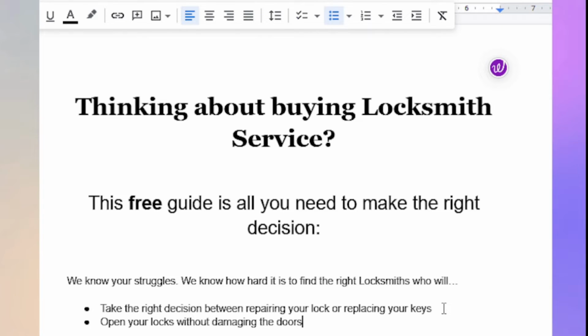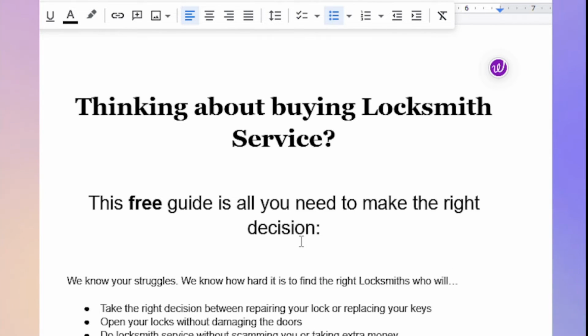Open your locks without damaging the doors. Do locksmith service without scamming you or taking extra money. Do locksmith service without scamming you or taking extra money.